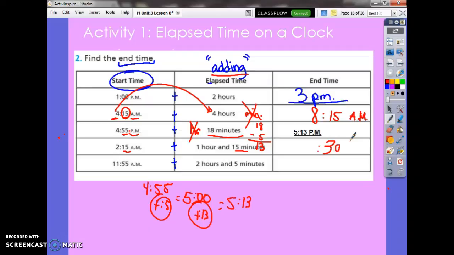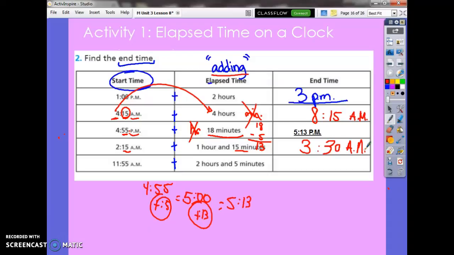And then if I look at the 2 and the 1 hour, I need to add 1 hour to the 2, which is going to be 3, because 2 plus 1 is 3. So my end time is going to be 3:30 a.m. Capital A, capital M. All right?